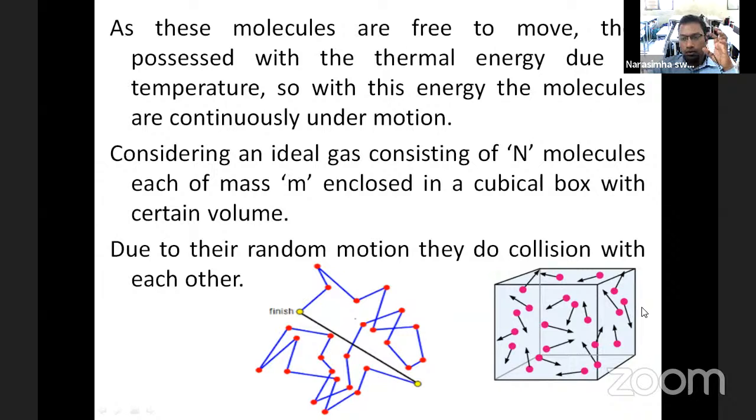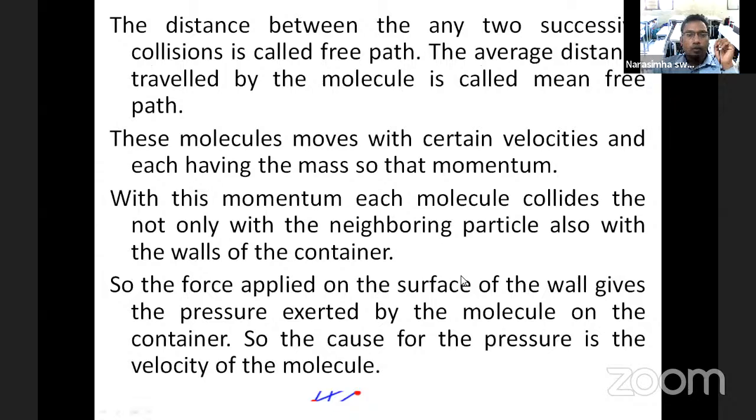So the gaseous molecules move in a random direction, and while moving from one point to another, a molecule or particle will make a number of collisions with the neighboring particles and the wall of the container. Right? Now the distance between any two successive collisions is called free path.